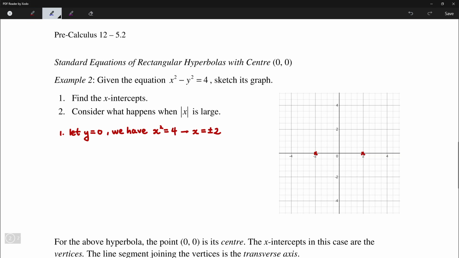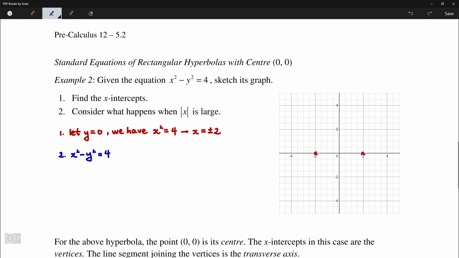Second consideration is what happens when the absolute value of x is large. So either x is a very large number or negative x is really negatively large. What happens then? Let's see here. We're given once again the equation x squared minus y squared equals 4.